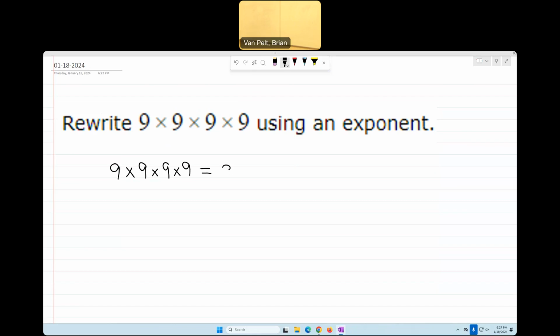We will rewrite this. That 4 up there is the exponent, isn't it? Anybody know what this one's called? The base, that's right. Base and the exponent.